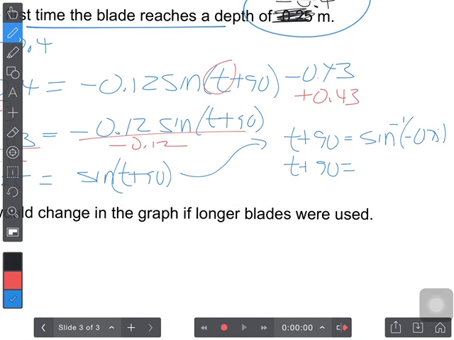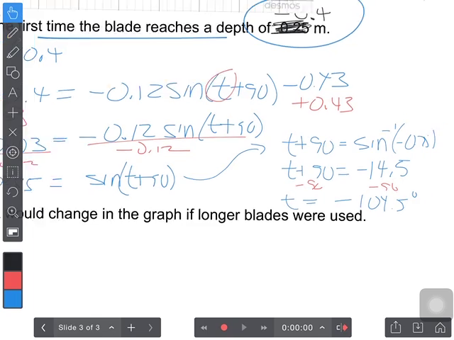So t plus 90 equals negative 14.5, and then we subtract 90 from both sides, and we get t equals negative 104.5 degrees. All right, so that's one of the positions. It's not the only position, but that's one of the positions.